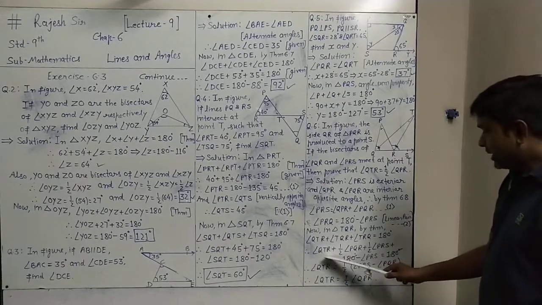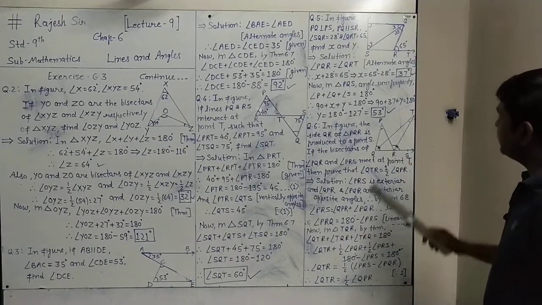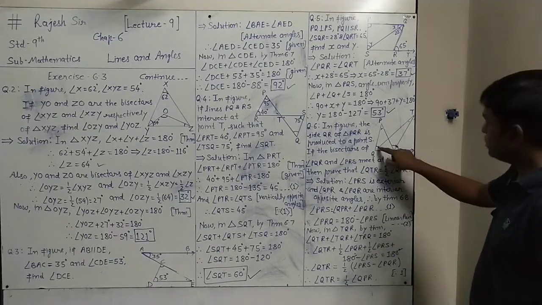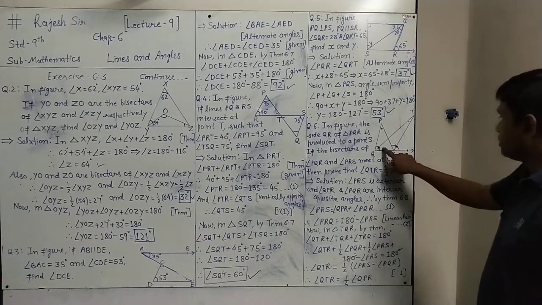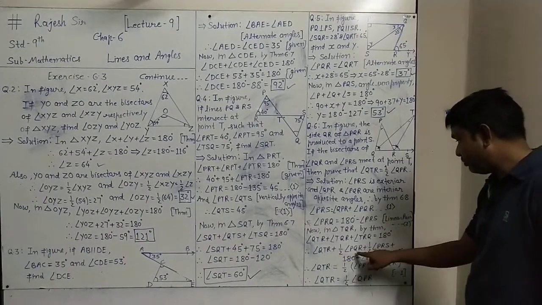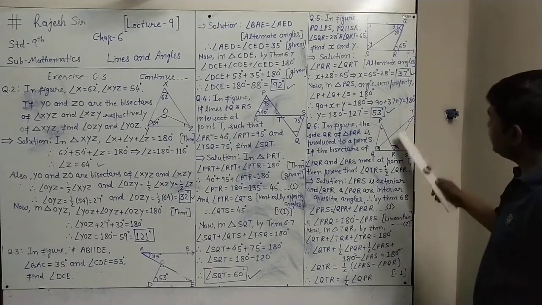Angle QTR is as it is. Angle TQR is half of PQR because QT is the given bisector.